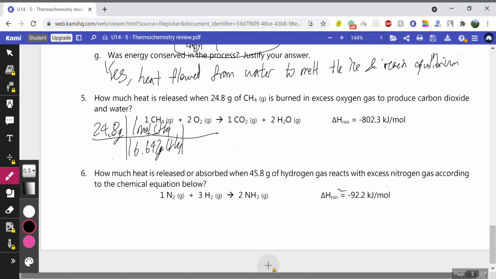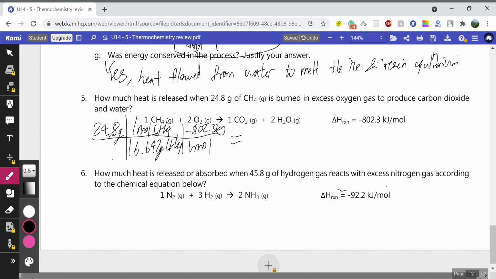Now, from the moles, we go 1 mole for every one reaction, and then for one reaction we have negative 802.3 kJ per mole. So instead of writing one reaction up here, we'll write negative 802.3 kJ, because this is kJ per mole.